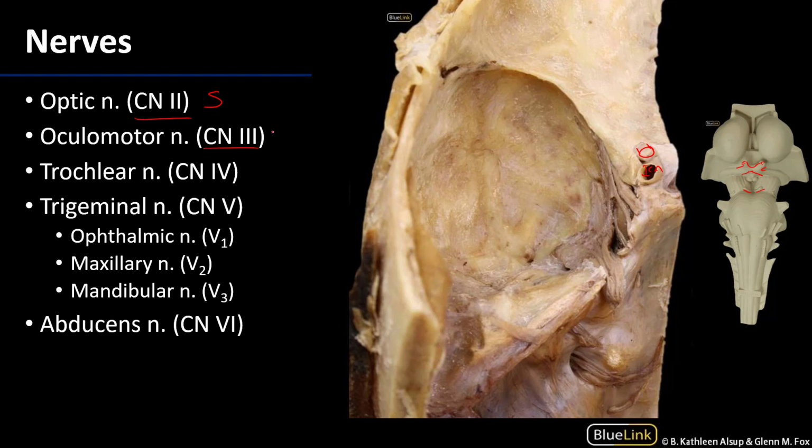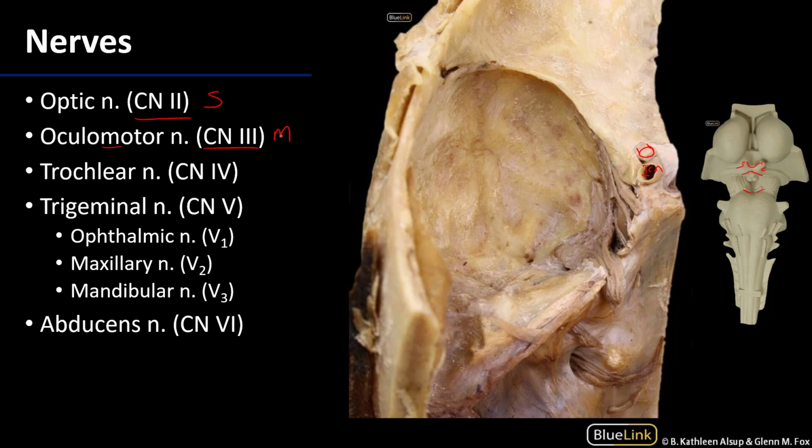The oculomotor nerve, as its name would suggest, is predominantly a motor nerve to several of the extraocular muscles. Levator palpebrae superioris, superior rectus, medial rectus, inferior rectus, inferior oblique are all innervated by the oculomotor nerve.